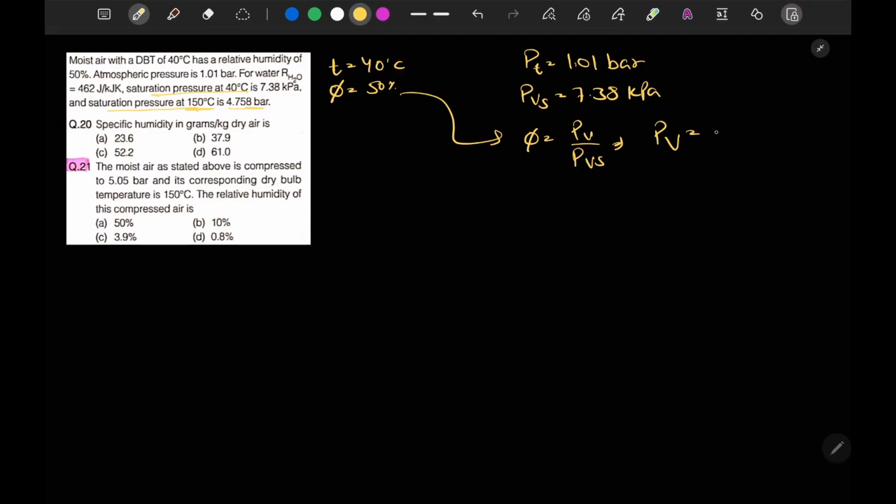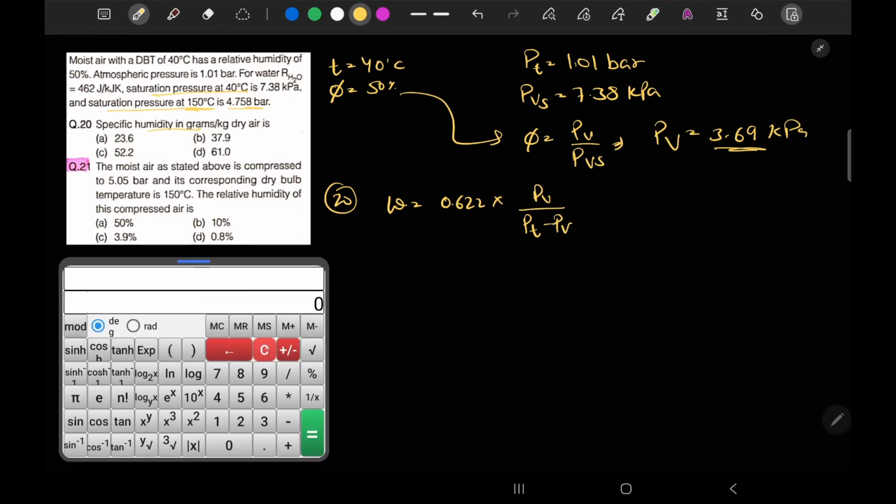So 2 3s are 6, 2 6s are 12, 2 9s are 18, so this is our value of PV in kilopascal. Now question number 20 asks what is the specific humidity. We can calculate it as 0.622 into PV upon PT minus PV. Now let's solve this.